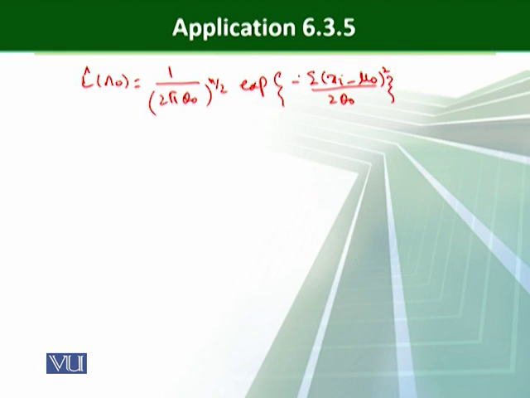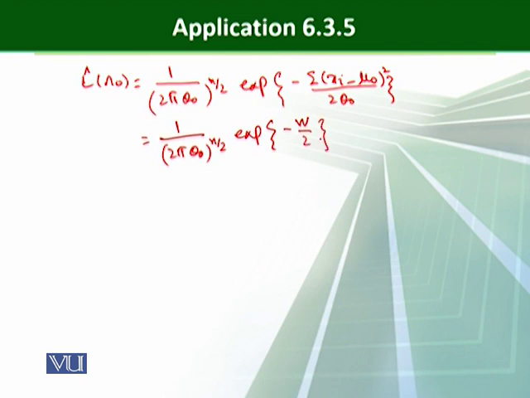This can also be written, because this is equal to W, as (1 over 2 pi theta naught) raised to power n by 2 into exponential of minus W over 2.